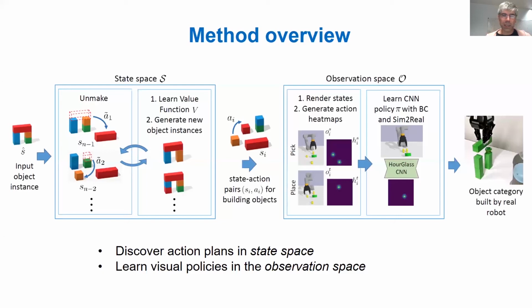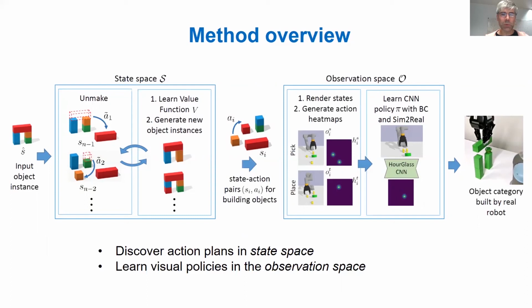So the method is divided into two parts. The first part is learning in state space. And the second part is learning from the policy which was learned. On the left, the left part learns state policy, and the right part learns visual policy.